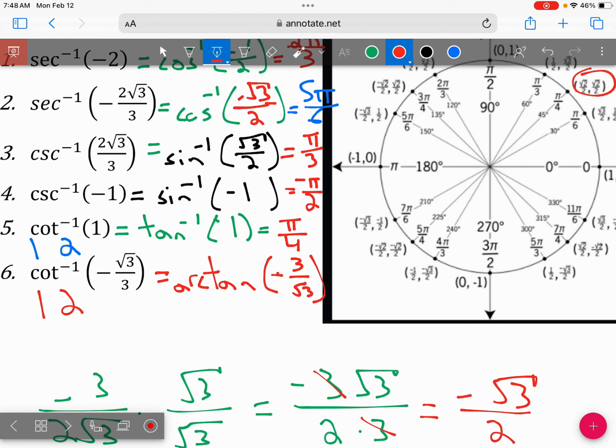Can we leave it like that? Yes and no, because the way we evaluate our tangents, we don't look for a specific coordinate. We look for the ratio or the slope. And here, we can tell that the numerator is bigger than the denominator, so we know where to look.